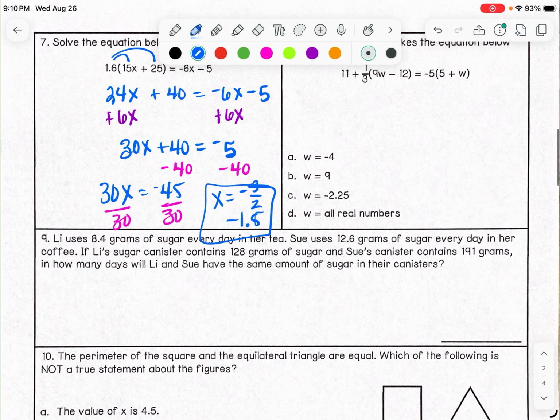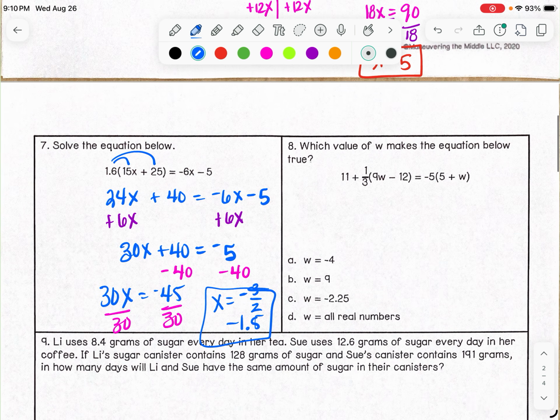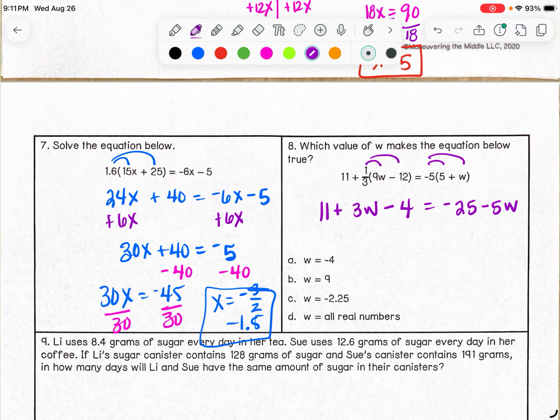Okay, so last straightforward one yet, number 8 here. We're going to use the distributive property again. All right, so what do we get? We get 11 plus 3w minus 4, and negative 25 minus 5w. I'm going to combine these two so that I get 7 plus 3w is negative 25 minus 5w.